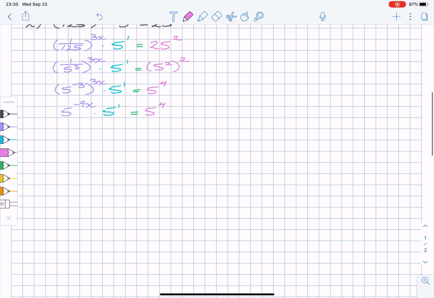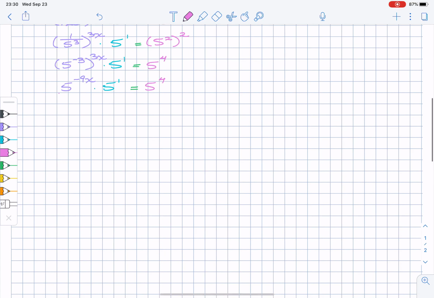Okay, on the left hand side, now that my base is the same, I can combine these into a single exponential expression, namely 5 to the minus 9x plus 1, and set that equal to the right hand side, 5 to the 4th. So now I can use my one-to-one property of exponential expressions, which states that the exponents on both sides must be equal for this to be true. So we have that minus 9x plus 1 must equal 4.